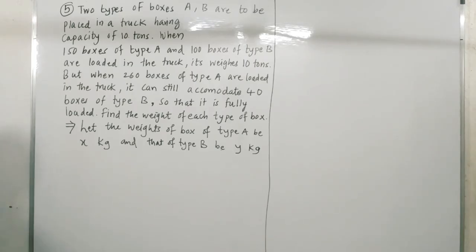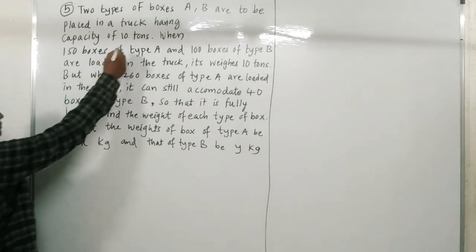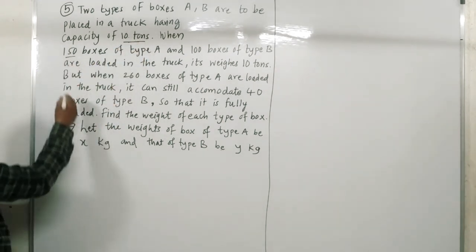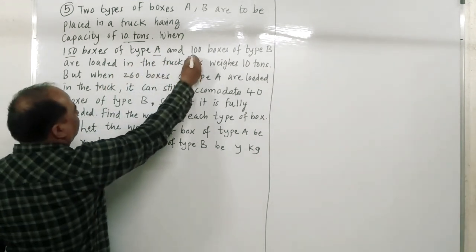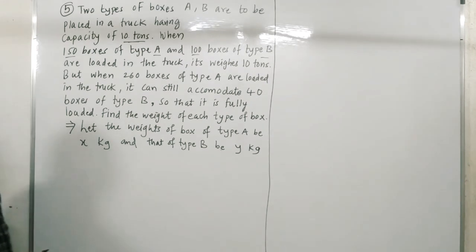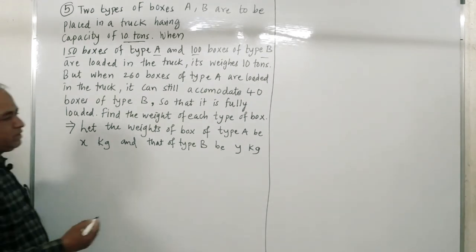Fifth example, two types of boxes A and B are to be placed in a truck having capacity of 10 tons. When 150 boxes of type A and 100 boxes of type B are loaded in the truck, its weight is 10 tons.